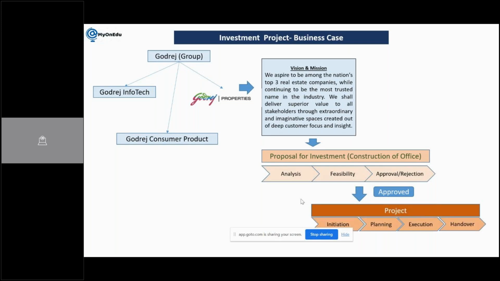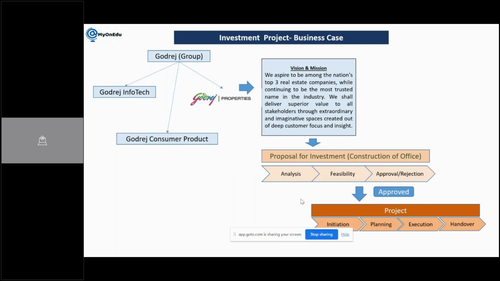Once it is approved, it has to be executed, and it has to be executed through projects. The project itself will have phases, or you can say, to understand initially, steps. Major four phases I have included here. The major phases are initiation, when we are just initiating the project.